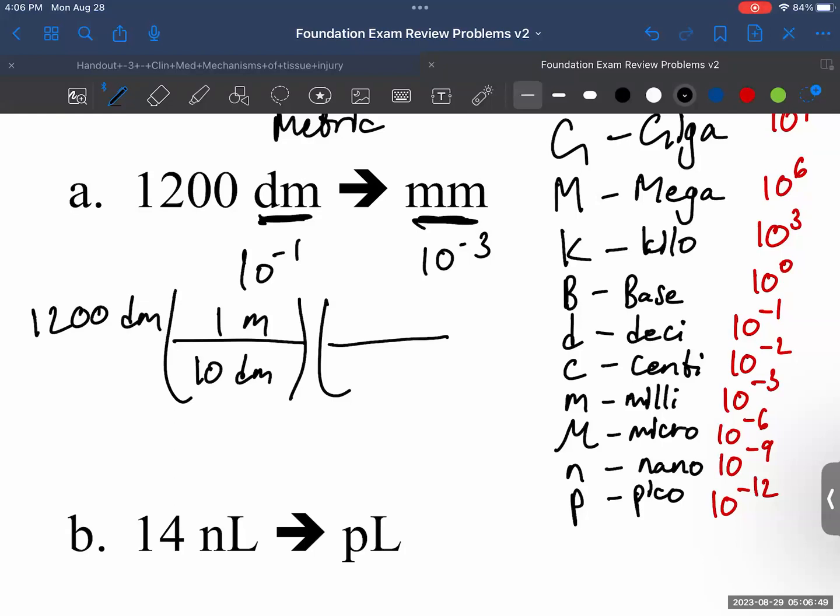So 1,000 millimeters are in 1 meter. And here's our end goal. You'll notice decimeters cancel out, as do meters. So all we're left with in our numerator is millimeters. If we solve this out, somebody be brave and take out their calculator, what do we get?